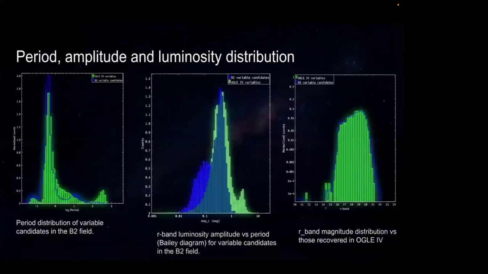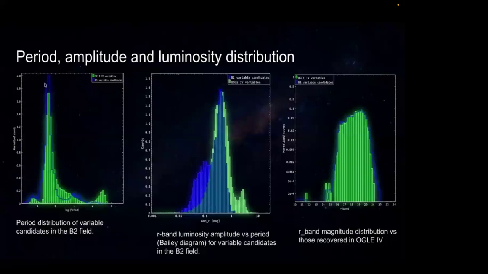Then, after finalizing the list of variables, we plotted the period histogram. You will see here the OGLE variables in green, but I should mention that this is the OGLE list for the whole galactic bulge, because we wanted a good comparison between our sources and what OGLE found.